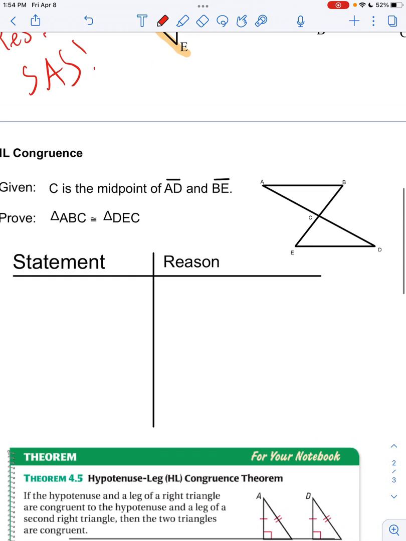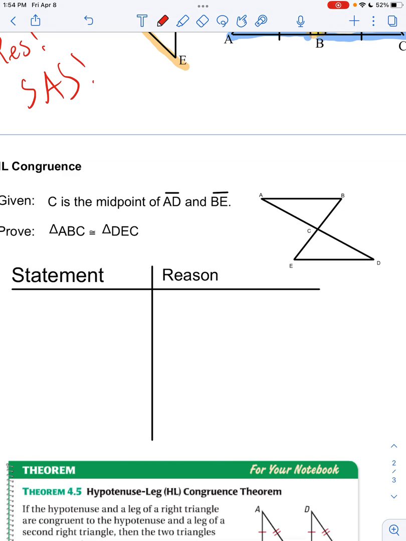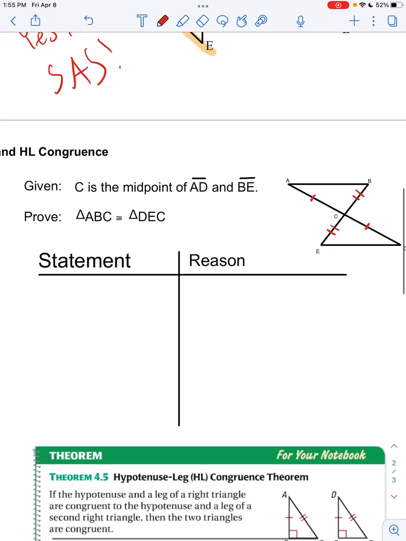So let's take a look at this proof here. C is the midpoint of segment AD and segment BE. So that means that AC is equal to DC and CE is congruent to BC. And we'll prove that in our statement here.